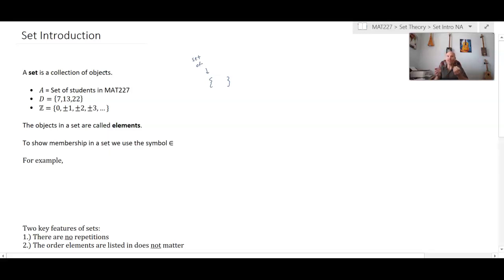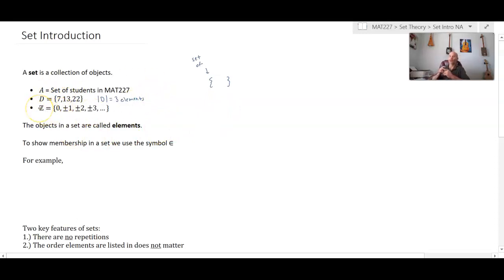Well, it's 3 units from 0. And so we'll use the absolute value sign to denote the number of elements in that set. So the size of D is 3 elements. Or we could just write 3, and that's usually what we do.